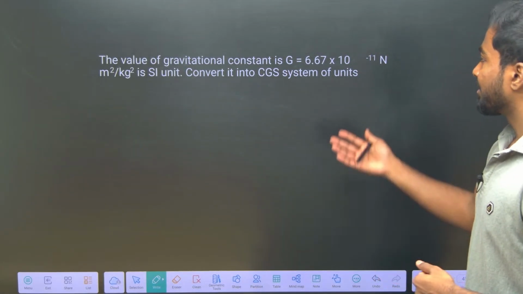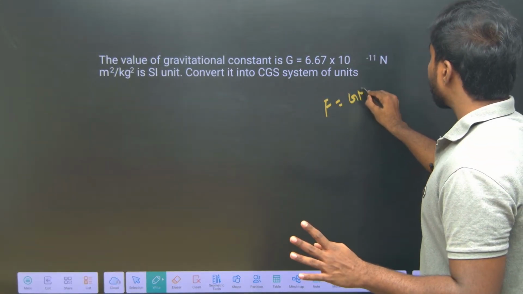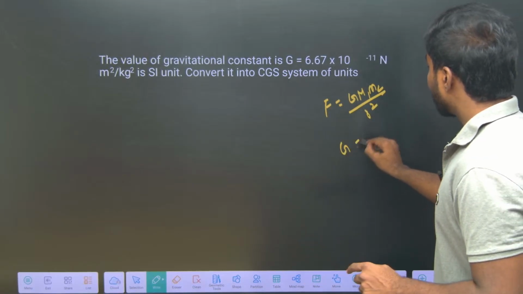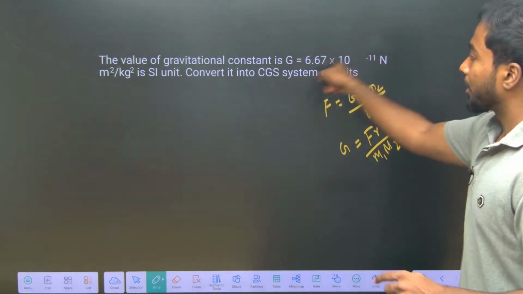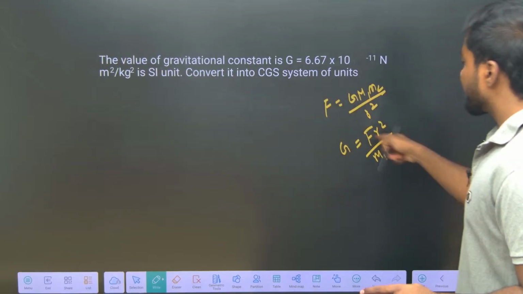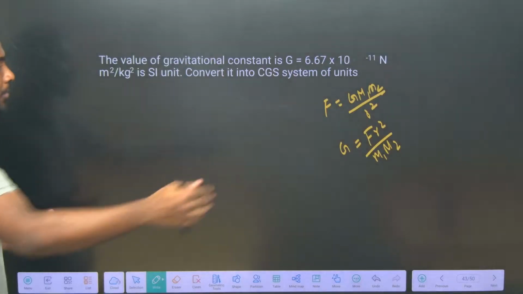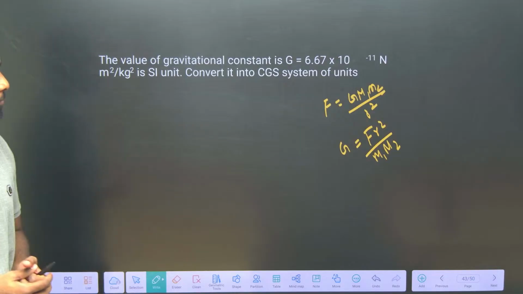So how is it Newton meter square per kg square? F equals G m1 m2 divided by r square. So if I take G, it is F r square divided by m1 m2, where F is Newton, r square is meter square, and then kg square. I need to convert it to CGS units.